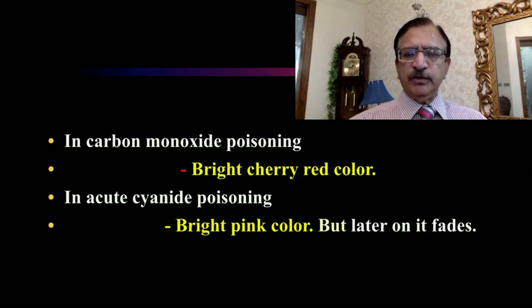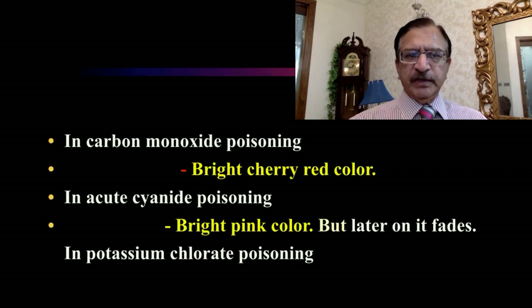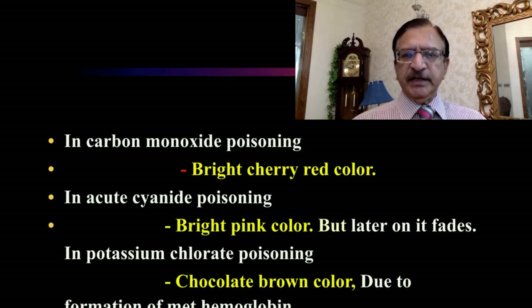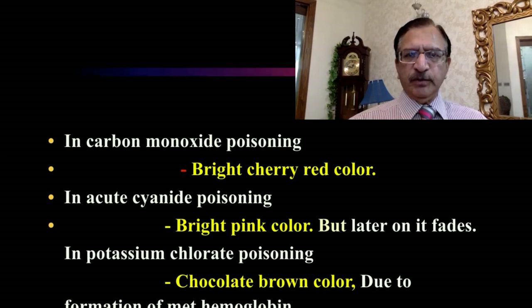And this is due to interference with the cytochrome oxidase enzyme, which is needed for the cellular metabolism. In potassium chlorate poisoning, the color of the staining is chocolate brown color due to formation of methemoglobin.